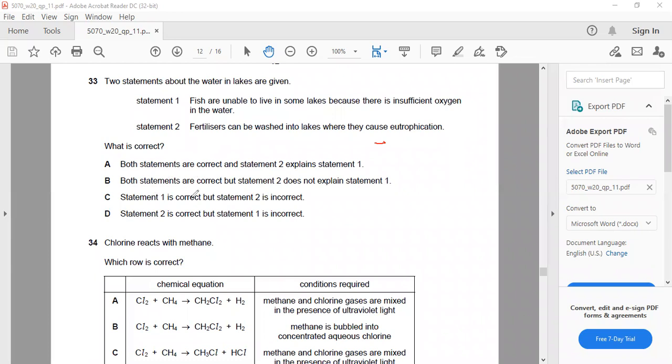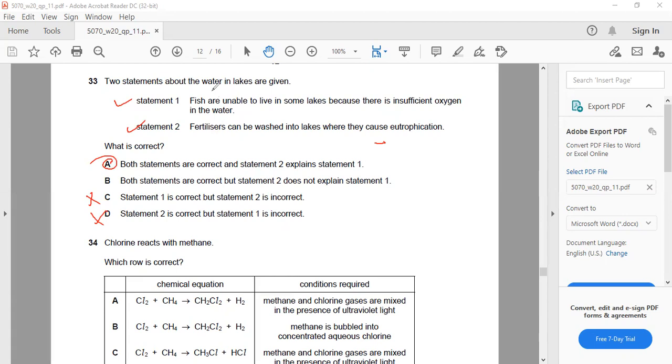First, eliminate wrong answers. Statement one is correct and statement two is correct, so C and D are 100% wrong. Both statements are correct, but does statement two explain statement one?